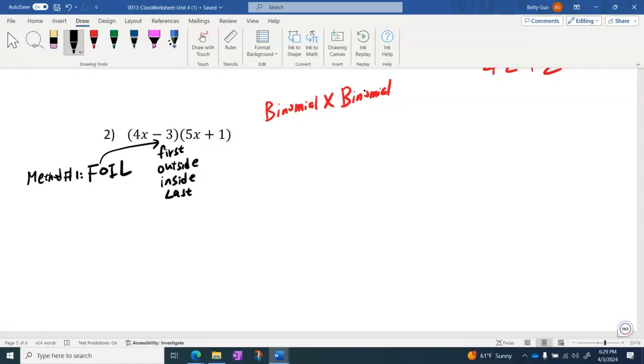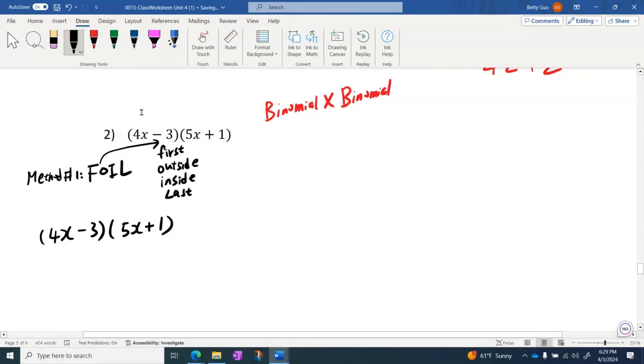Let's start. 4x minus 3 times 5x plus 1. Firstly, you need to see the 4 terms in the expression. We're looking at a product, 2 binomials multiplied together. You should see the 4 terms.